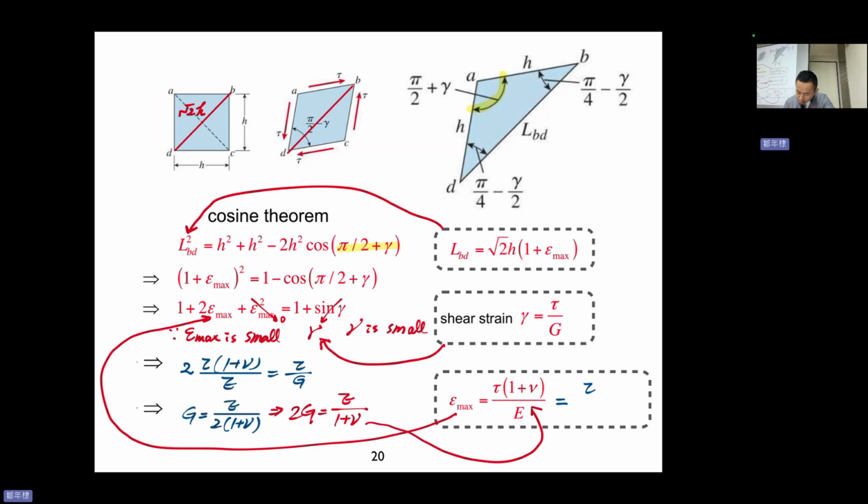Okay, tau divided by 2G. So epsilon max equals gamma over 2. All right, so we obtain new information: epsilon max equals gamma over 2.